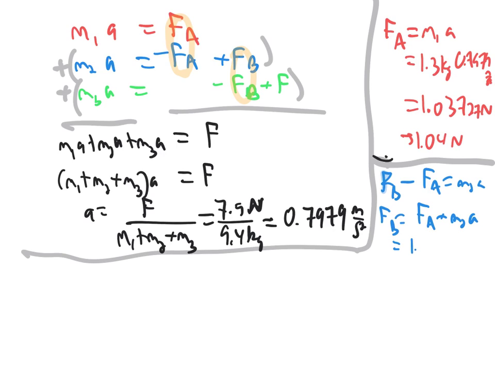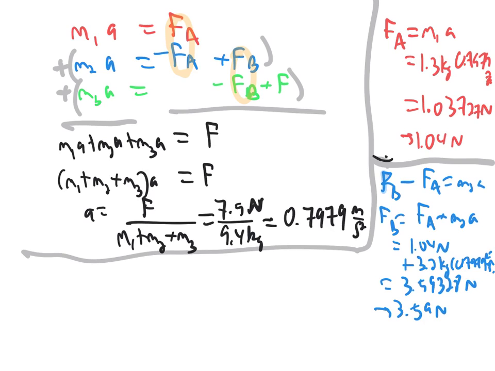So it's going to be the 1.04 newtons plus 3.2 kilograms times 0.7979 meters per second square. And we're going to get 3.59328 newtons, which of course becomes 3.59 newtons.